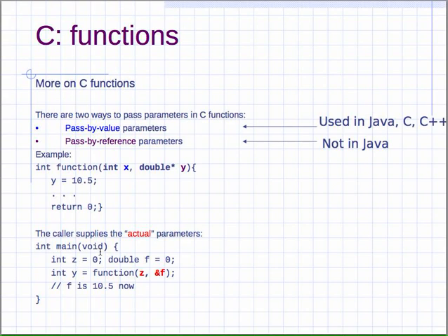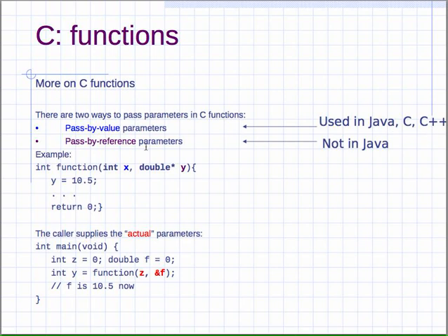Okay, so we ended up in the last video looking at the two ways to pass parameters in C functions. Actually, strictly speaking, there's only pass by value. But the thing is, in C we can pass pointers by value, and so it's sort of like pass by reference. Of these three languages, Java, C, and C++, only C++ really has pass by reference.